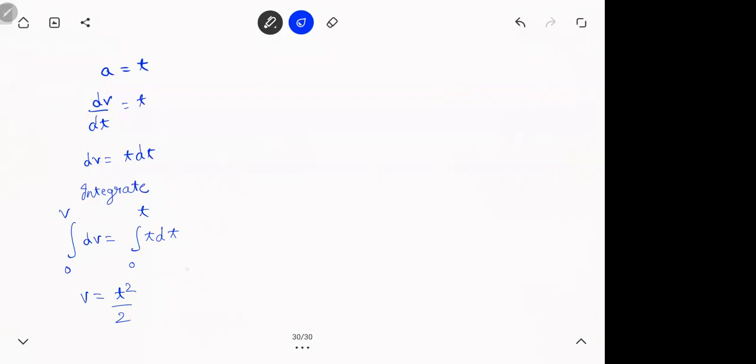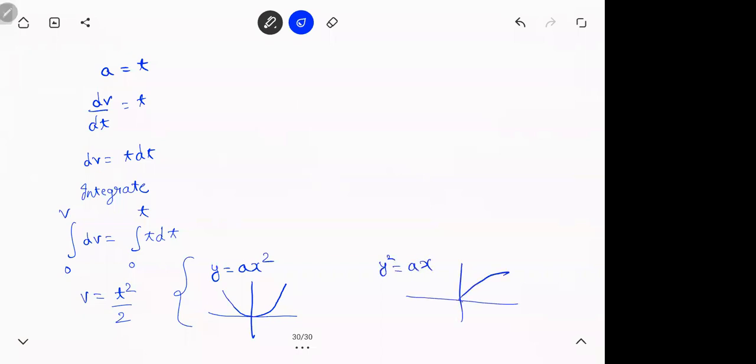Now, if you look at this equation, this is looking like y is equal to ax square. Hope you remember, y is equal to ax square is this parabola. And y square is equal to ax, this is this parabola, a horizontal parabola. Now here in place of y there was v and in place of x, t square.